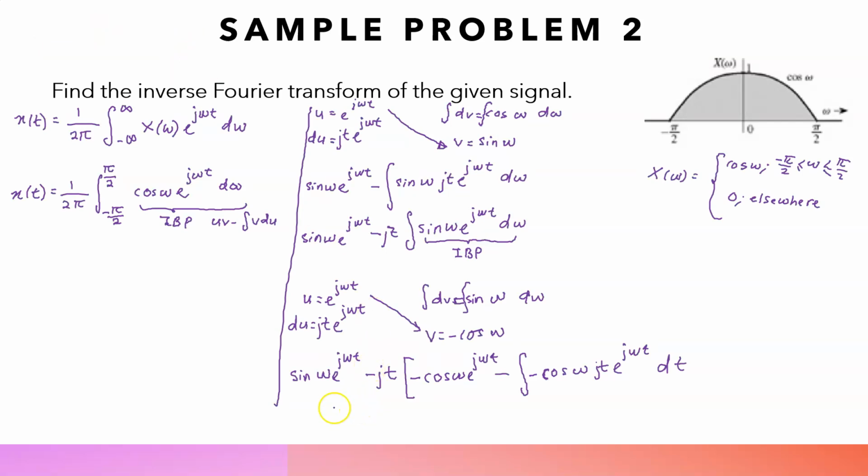Initially, what we integrate is cos omega e^{jωt} dω, right? And this is what we get. Okay, so you write all this equation, you get sine omega e^{jωt}.